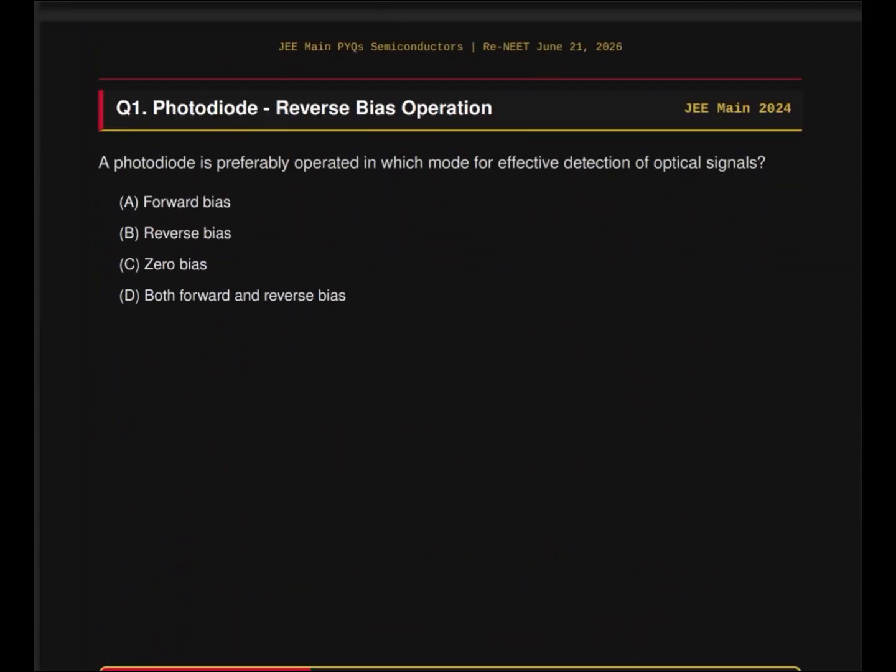In case of a photodiode, whenever you have a photodiode, it is a PN junction with this being the P side and the N side. You have negative ions with holes and positive ions with electrons.